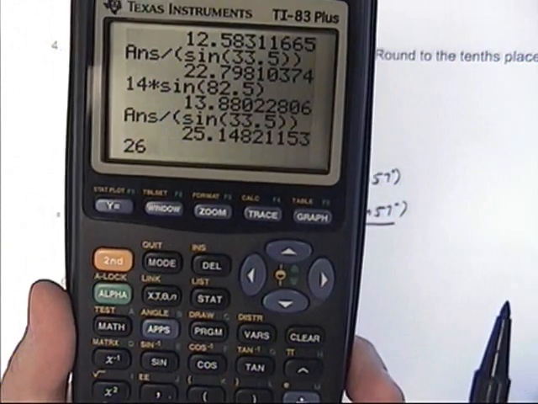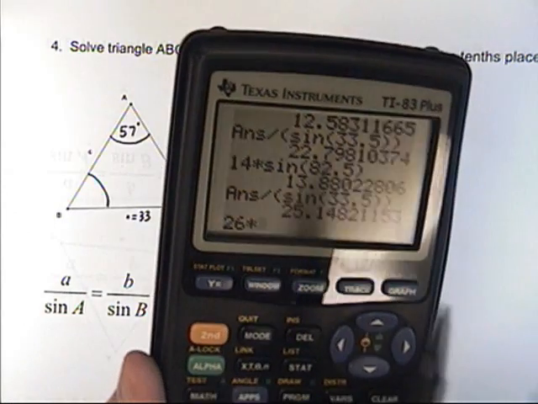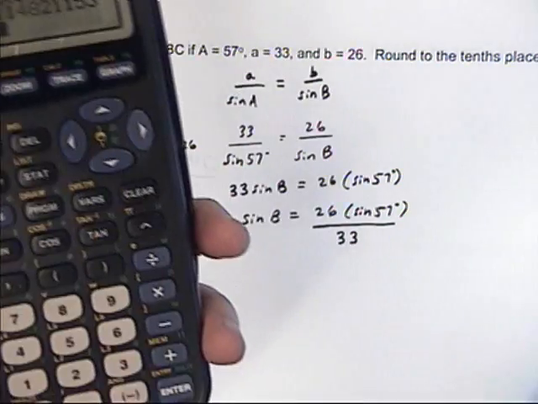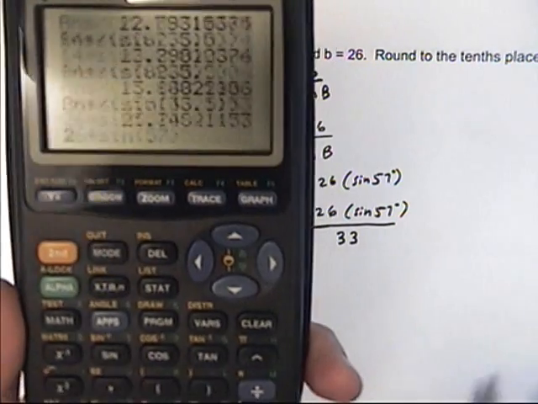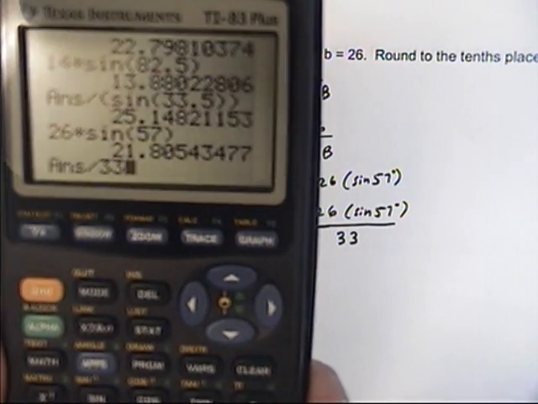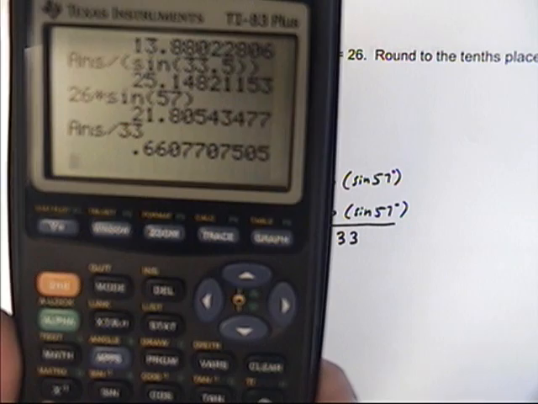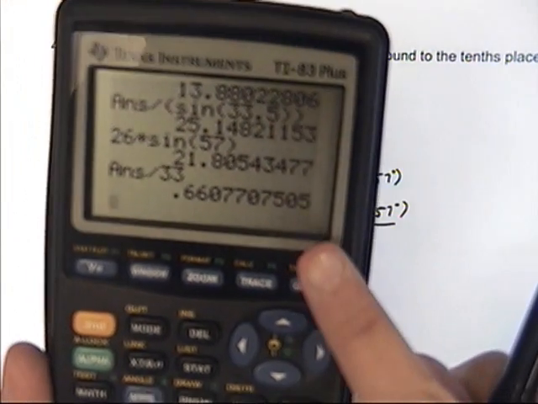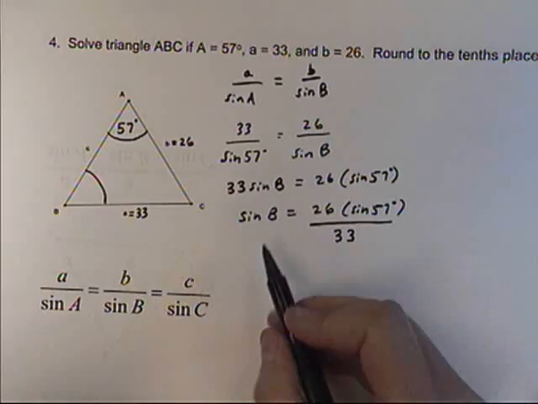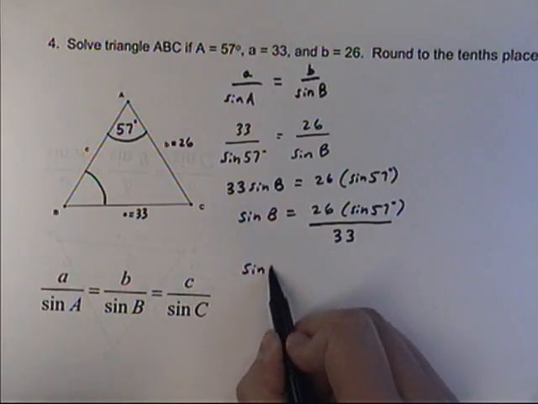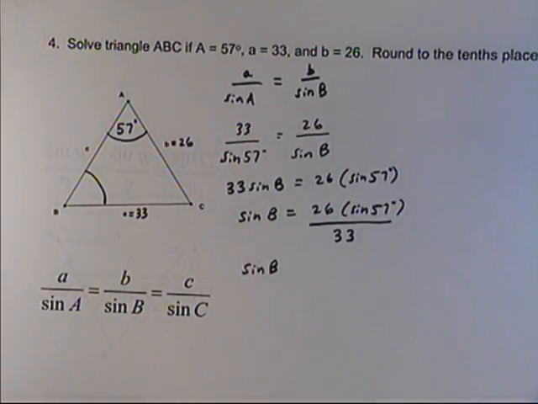So 26 times the sine of 57 degrees, enter, divide that answer by 33, and there we go. We have 0.66077. So the sine of B equals 0.66077.